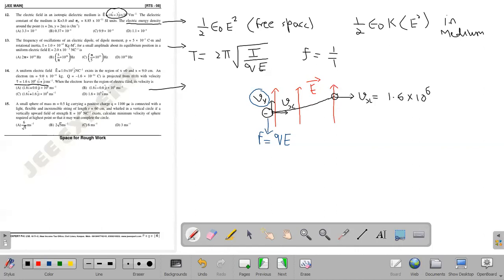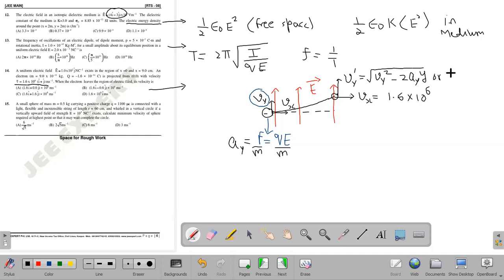But along the y direction, which is parallel to the electric field, the velocity component in the final stage will be different from the initial velocity due to the force F equals qE. This force divided by mass gives the acceleration along the y-axis. The velocity can be obtained by the third equation of motion, Vy squared equals Vy initial squared minus 2 times the acceleration along y times the displacement along the y direction.